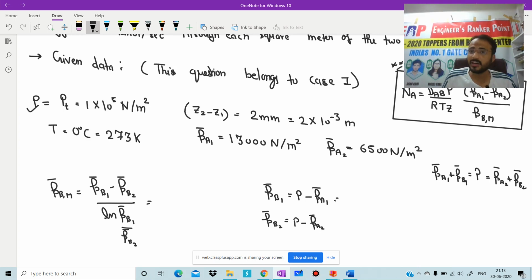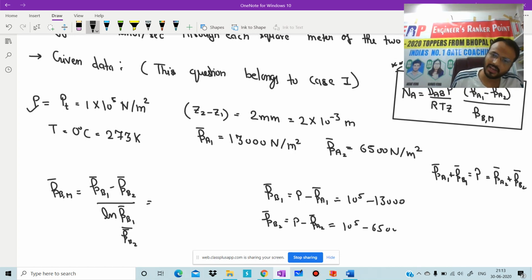Again, you never heard about that one elephant plus two dog is equal to five goat. The unit should be the same. Then total pressure is in terms of Pascal. It means 10 to the power 5 Newton per meter square minus 13,000. In a similar way, 10 to the power 5 minus 6,500.